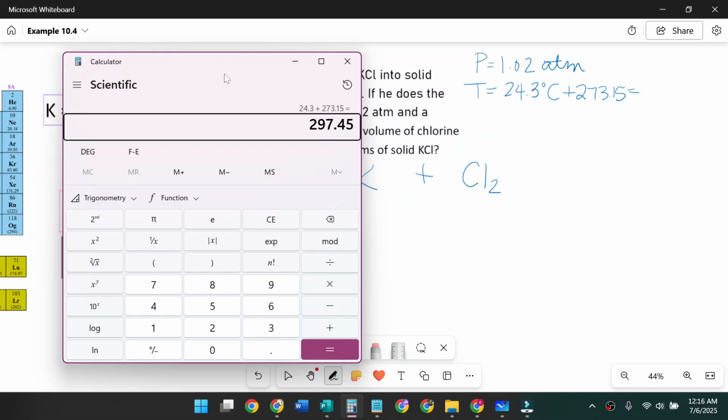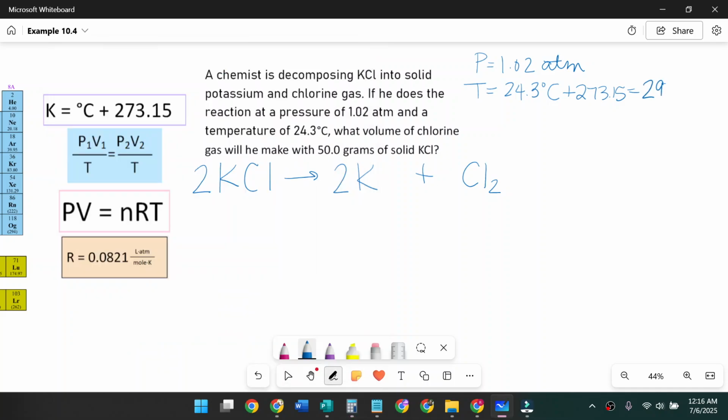So we're just going to round this to 297.5 because of the precision and the original temperature. And then we're asked to find volume for the chlorine gas. So we want the volume of this one. And then they tell us that we have 50 grams of this.